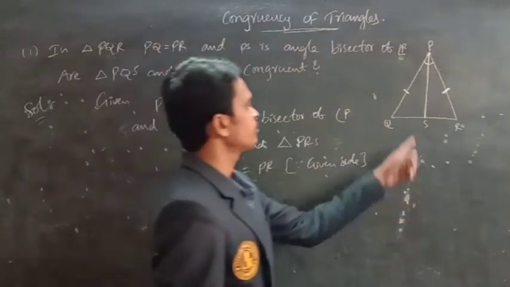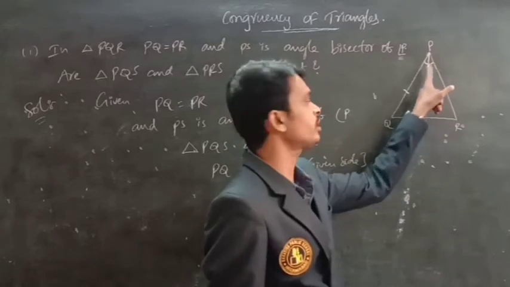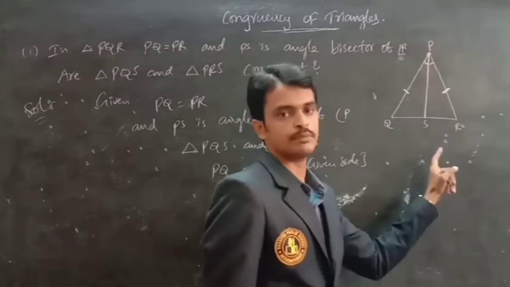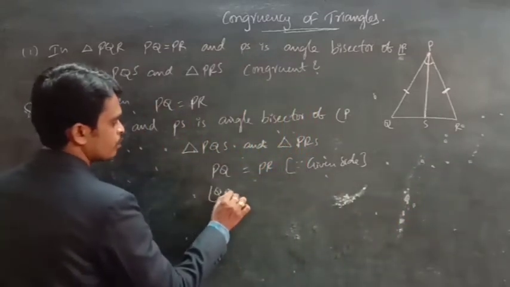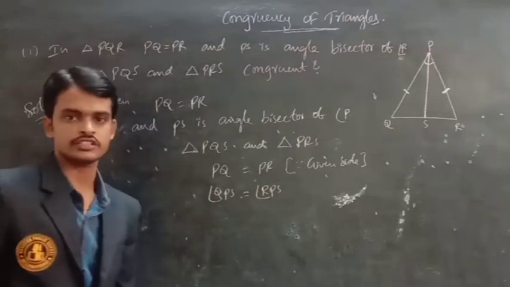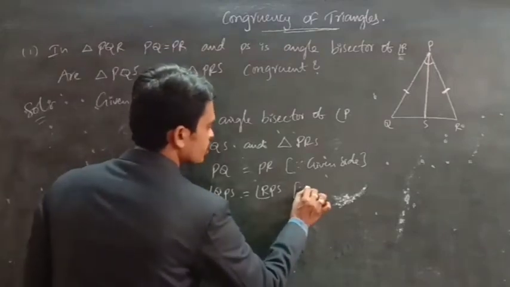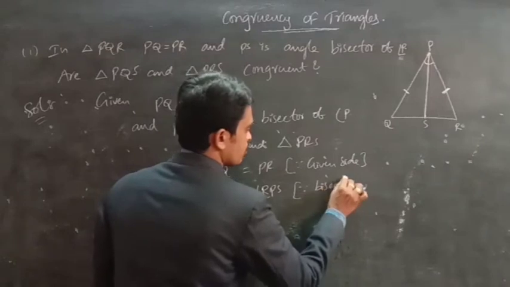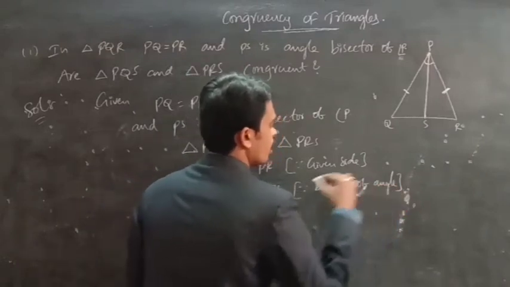And next, this angle is bisected. PS is the bisector of angle P. Then we know that angle QPS is equal to angle RPS, since it is a bisector of the angle.